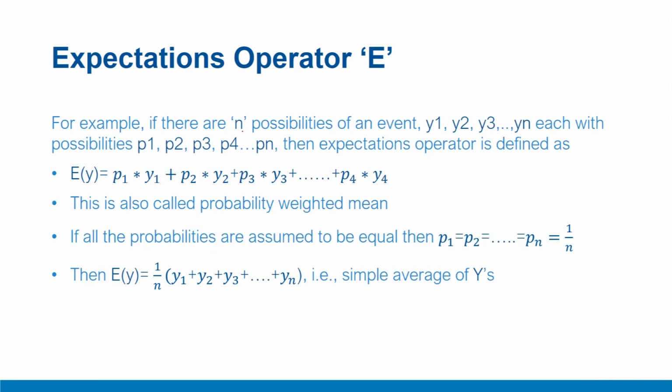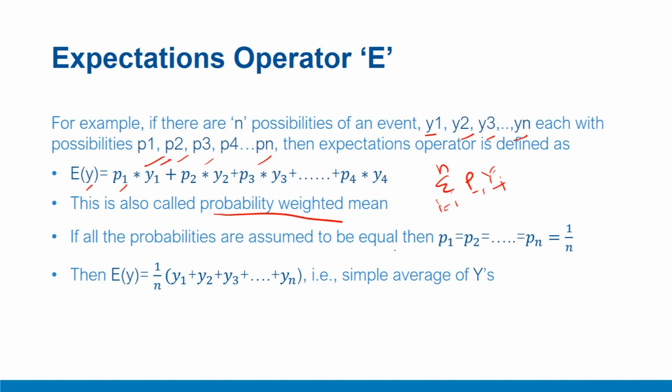For example, if there are n possible outcomes y1, y2, y3, up to yn, with probabilities p1, p2, and so on up till pn, then the expectation of this variable y is defined as p1y1 plus p2y2 and so on, that is, the sum of p_i y_i for i equal to 1 to n, where n are the possibilities in the event. This is also called the probability weighted mean.